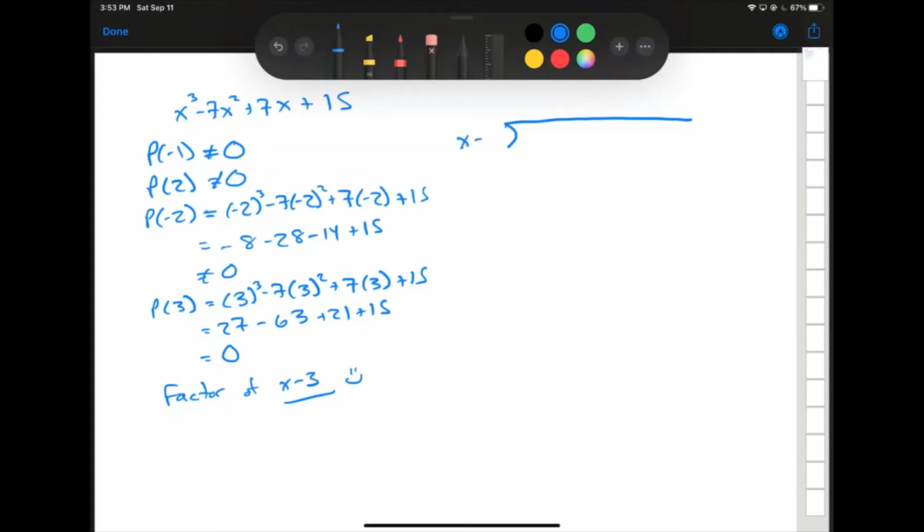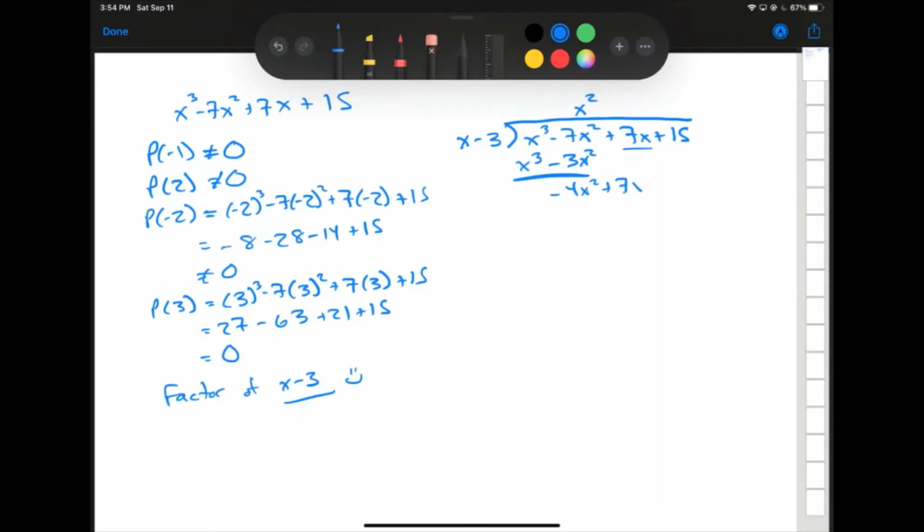I hope you invested in paper this semester. We may use a little bit of it. By the way, this is like the most tedious question we're going to do, so once we're done this, it's out of the way. Okay, I'm going to multiply that. X squared gives me x cubed minus 3x squared. Negative 7 minus negative 3 is negative 4.